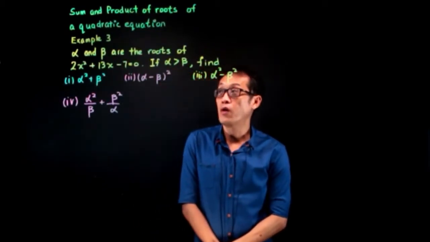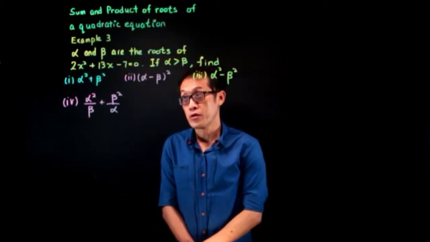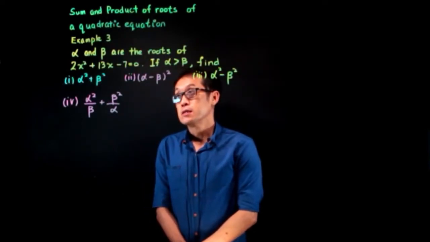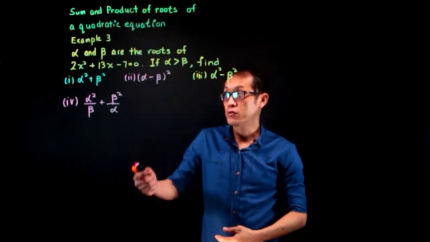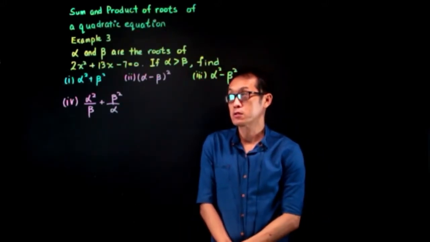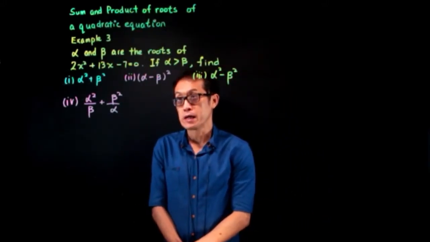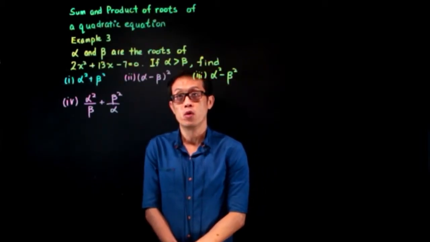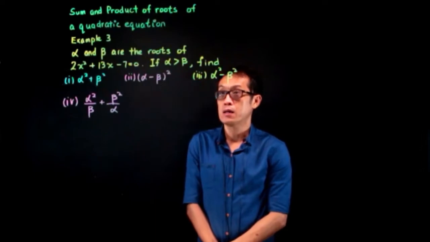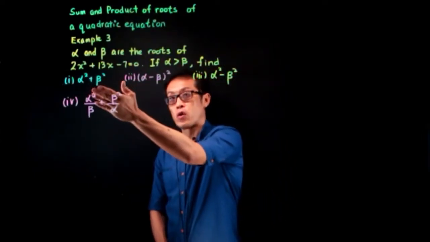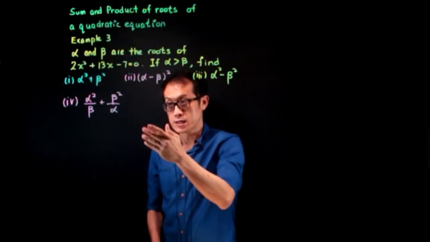Now let's move on to example 3. We are given that alpha and beta are the roots of 2x squared plus 13x minus 7 equals 0. If alpha is greater than beta, we are asked to find the value of the following expression.